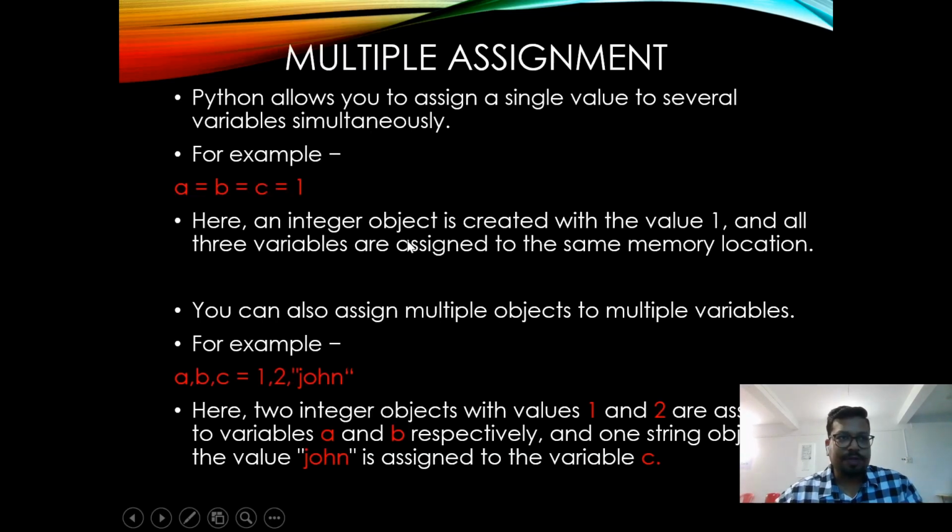So let's move further and let's see how I can assign one single value to multiple variables. That also is possible over here. Now understand for a simple example, I want to store a value 10 three times.